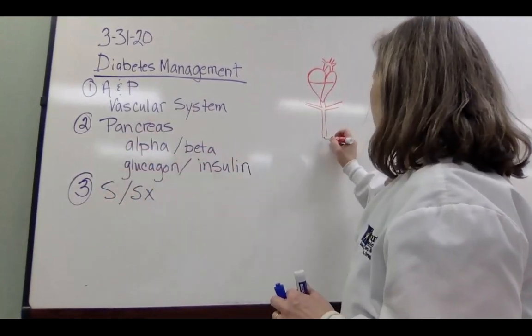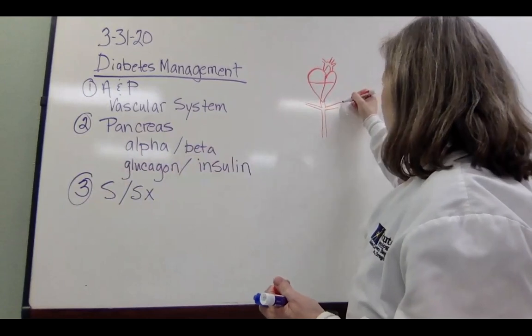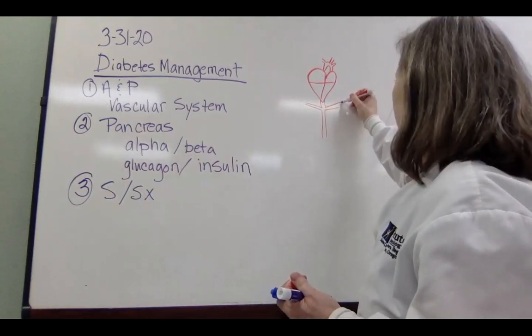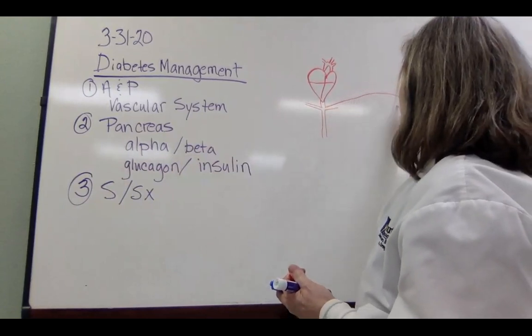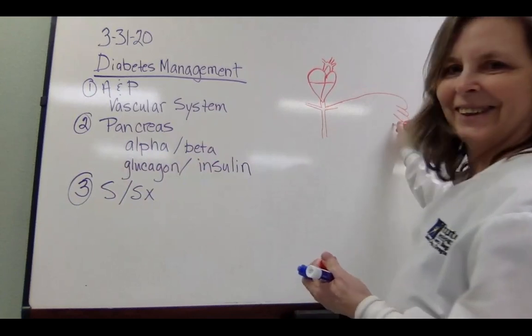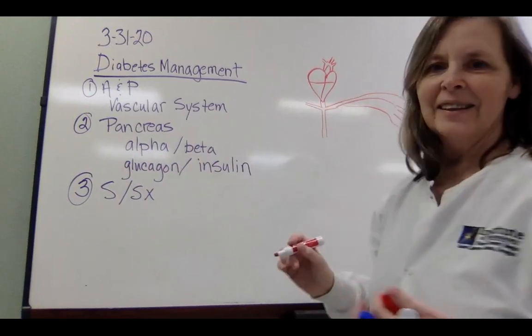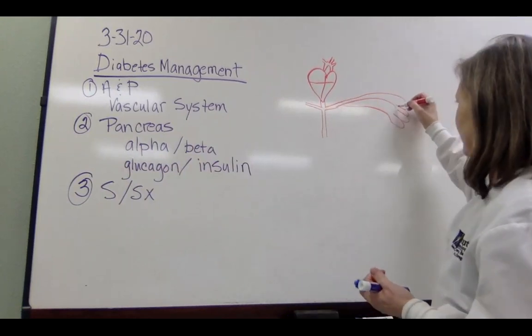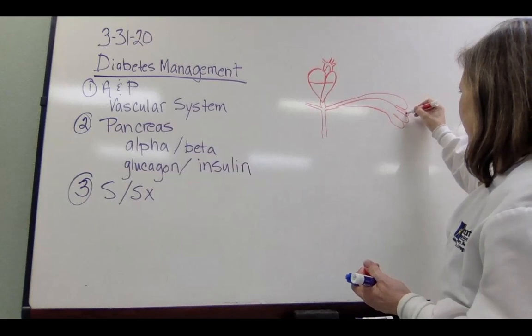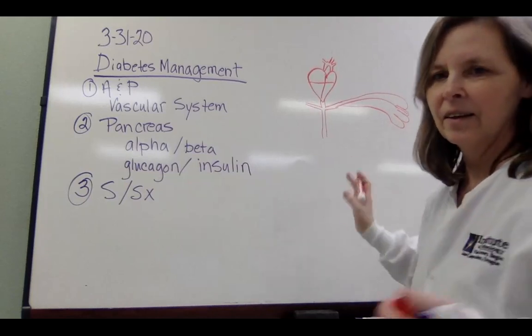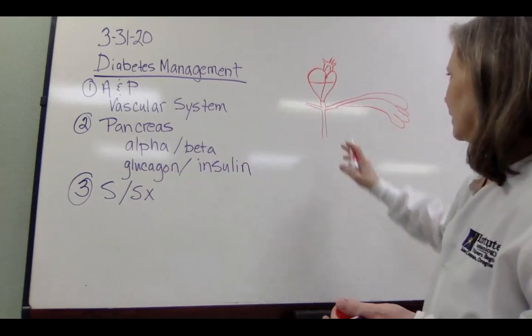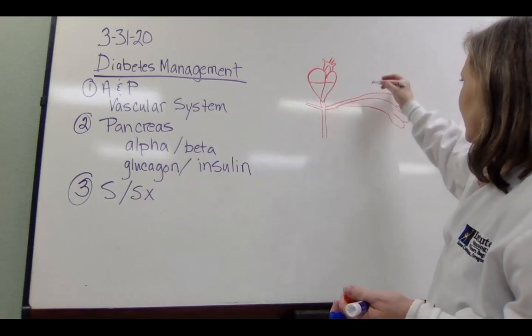Okay. So arteries, let's take this one and make it into a hand. This artery is going to go down into this hand. When it gets to the end of the fingers here in this hand and throughout other places in the arm, the artery is big, it gets smaller.